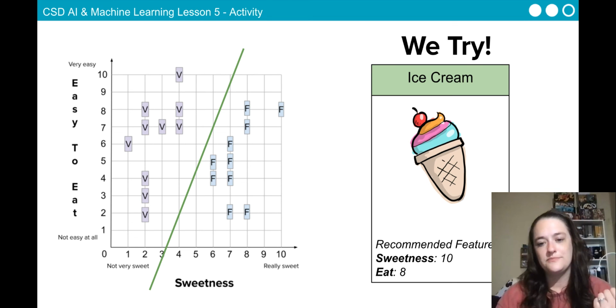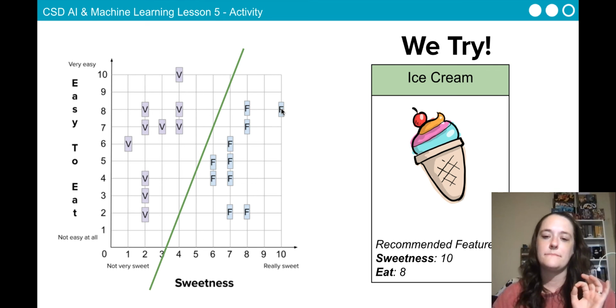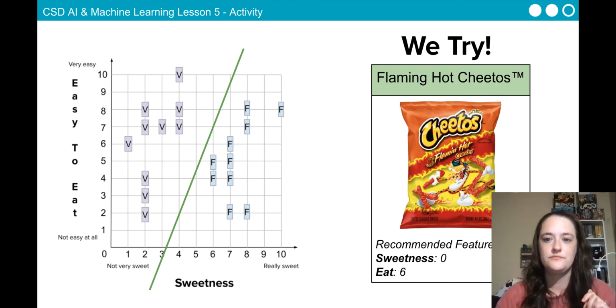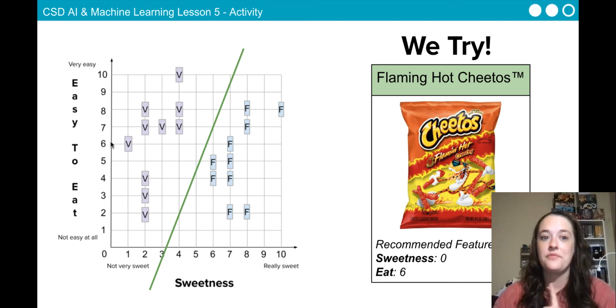Ice cream. Sweetness, 10. Ease of eating, 8. Probably because if you eat it too fast, you'll get a brain freeze. Okay. Ice cream is a fruit. Perfect. What about some Flamin' Hot Cheetos? Sweetness, none. Absolutely none. Ease of eating, 6.